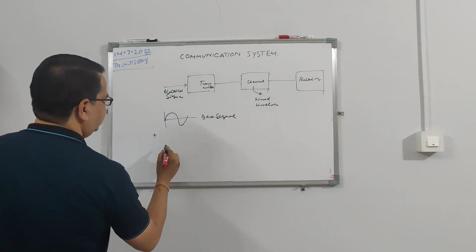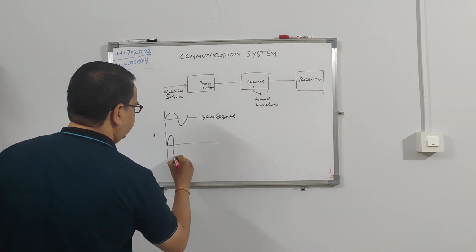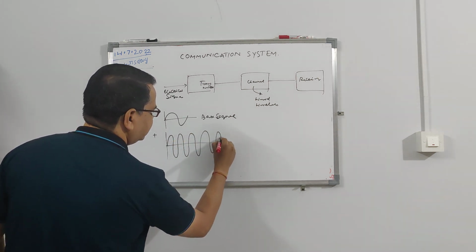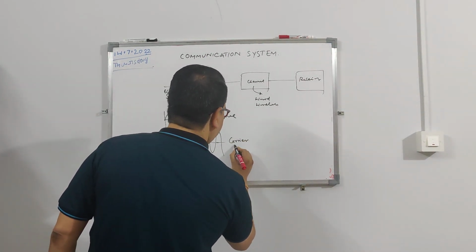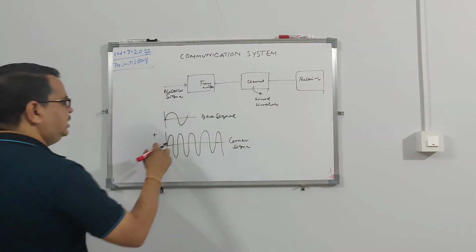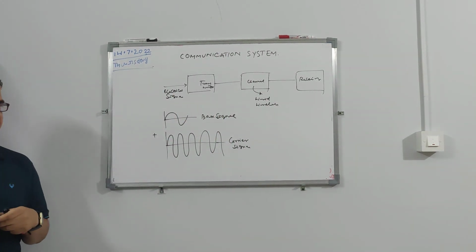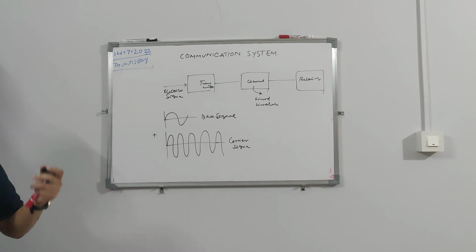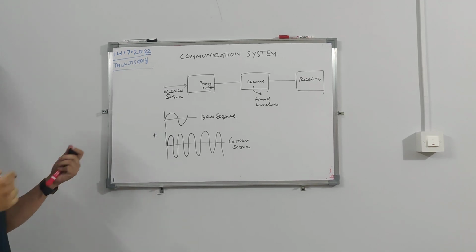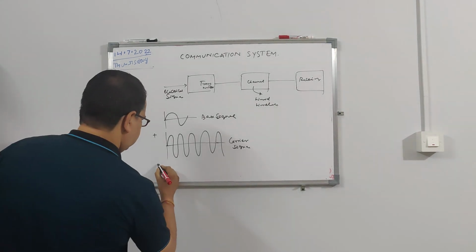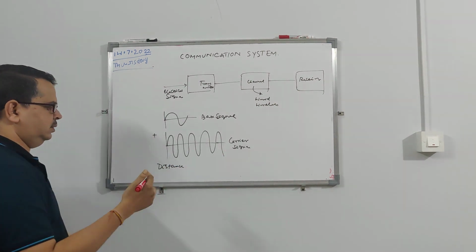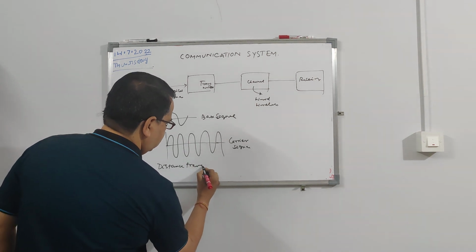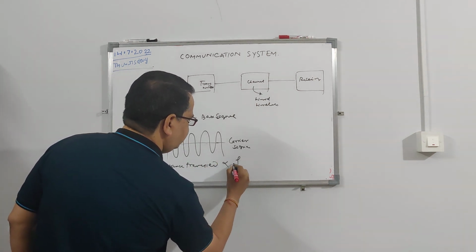It is superimposed with a high frequency carrier signal. This is the base signal, this is the carrier signal. These two things are superimposed so that you will have a modulated output, which has very high frequency. The distance traveled is directly proportional to frequency.